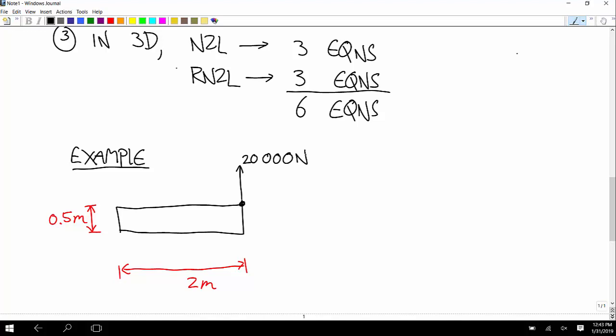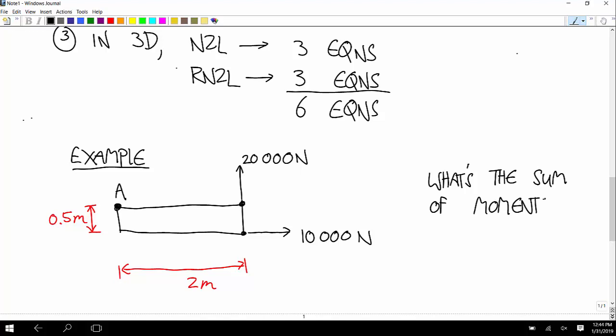And let's say there's another force acting here of 10,000 newtons. And let's put the about point here. What's the sum of moments about A?